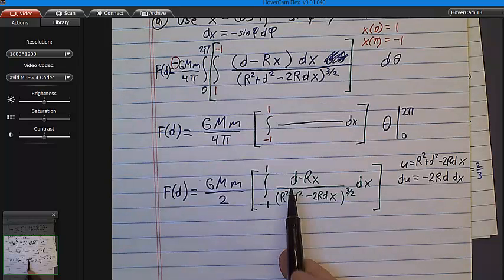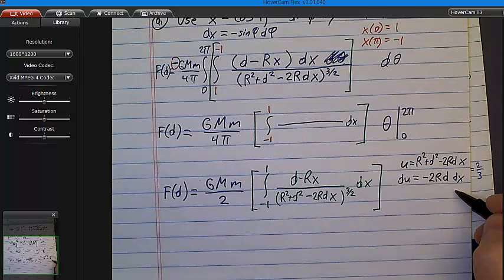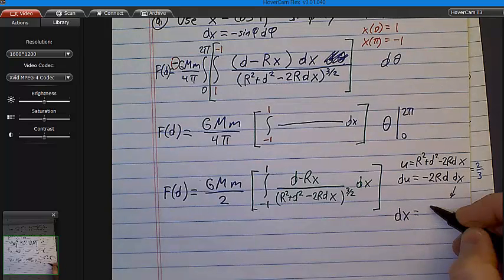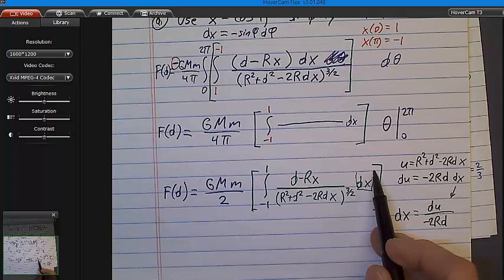I mean, I have d minus Rx. d is a constant, I could kind of forget about that maybe. Maybe what I'll do is this. Let's solve for dx. What does dx equal? I guess it's du over negative 2rd, right? So then I'll just directly replace the dx with that.